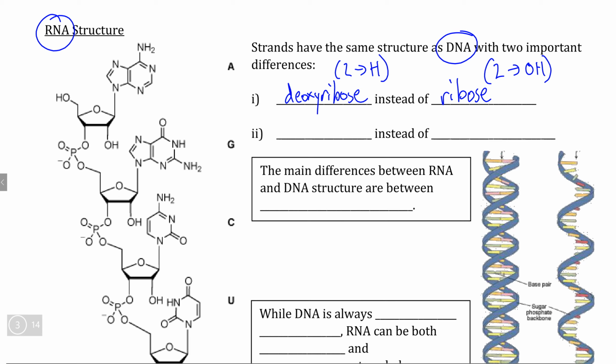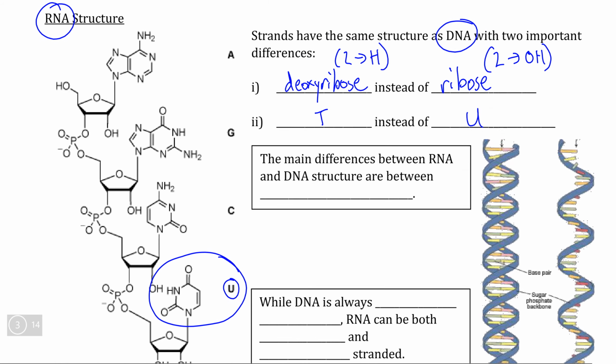And then the other distinction to remember is that while DNA has thymine, RNA will instead have uracil as its base. So if you have your data table handy with the distinction between each of the nitrogenous bases, identifying RNA through the presence of uracil is relatively easy to do.